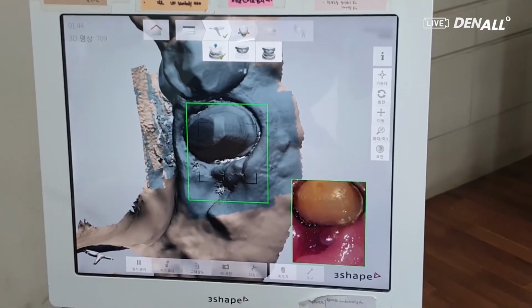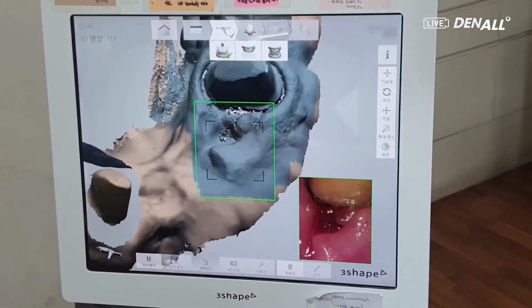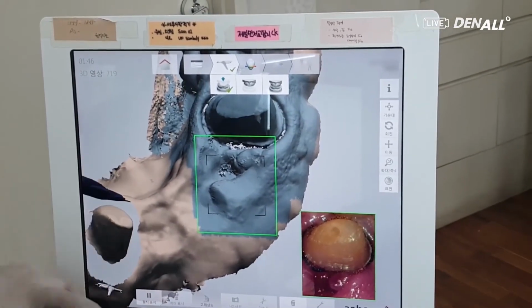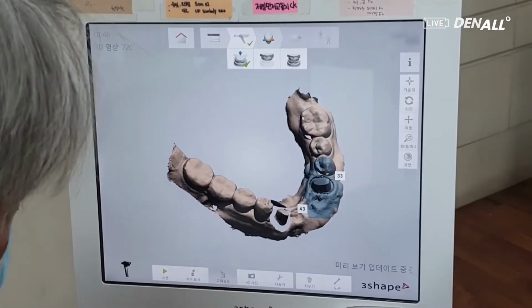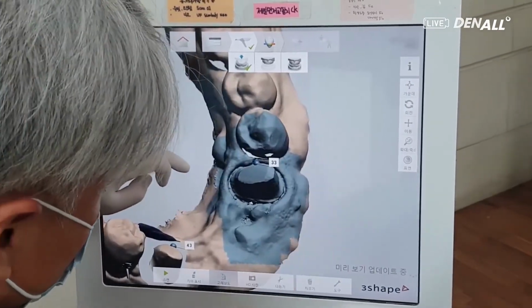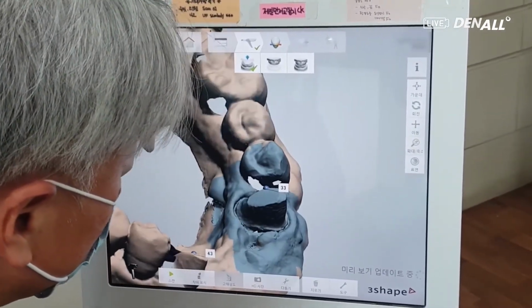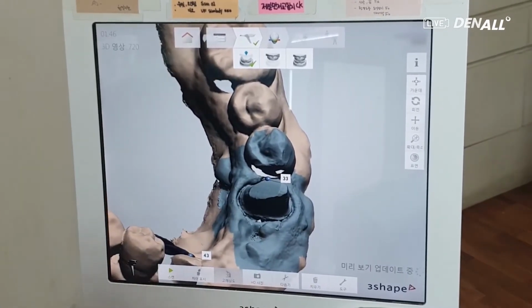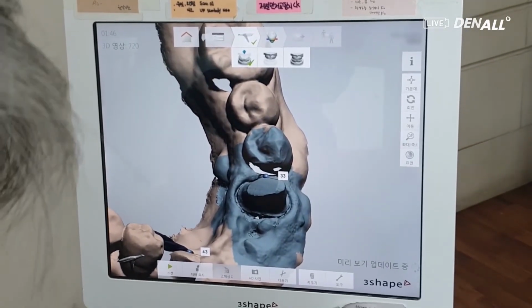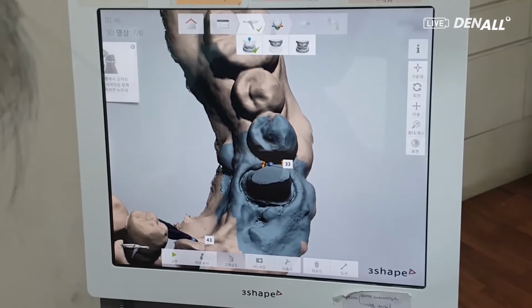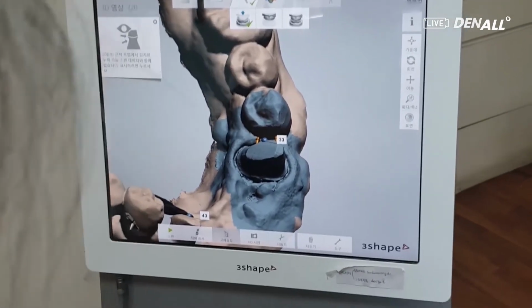To produce the satisfactory fitting for the patient, contact points with the adjacent teeth, and occlusion with opposing teeth need to be reproduced properly. Therefore, in acquiring scan data, we try to get very precise data patiently, like this.